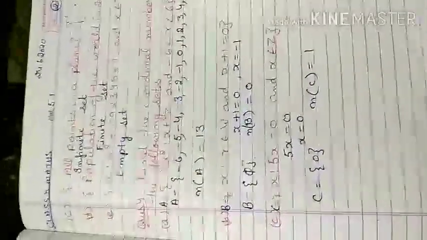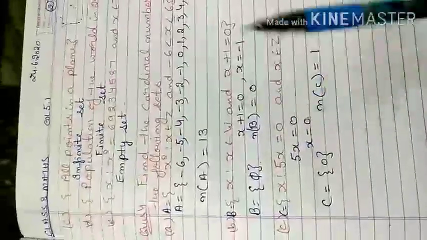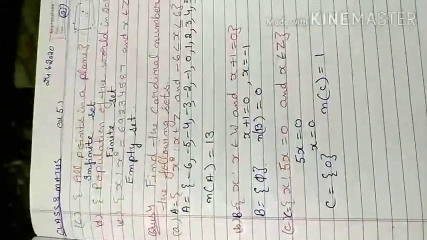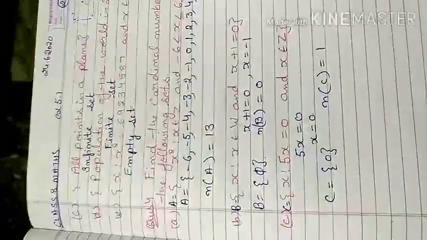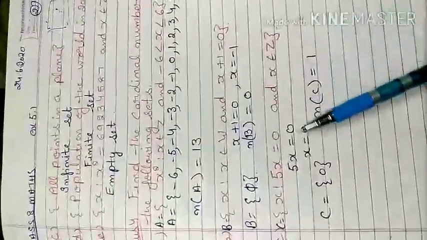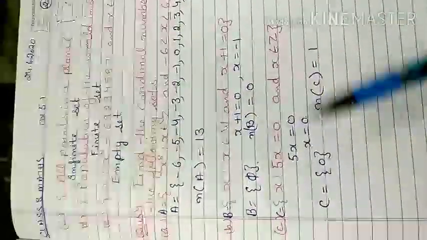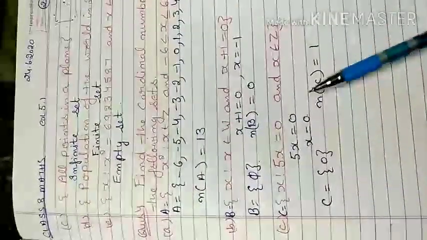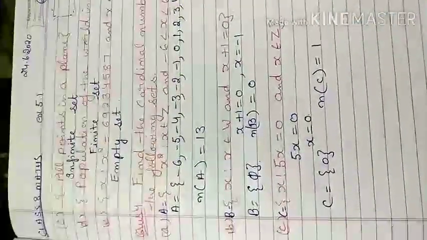There is no element present. If 5x is equal to 0, there is only a single element; 0 is also considered an element, not to be compared with the void set. If x is equal to 0, that means 0 is a part of the set C, and the cardinal number of C is considered as 1. Thank you.